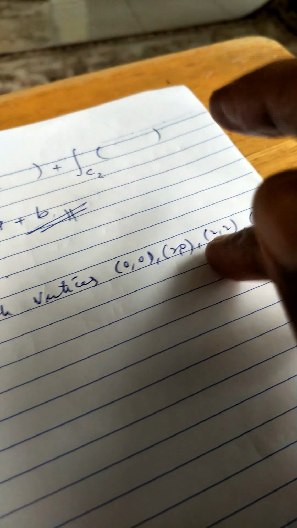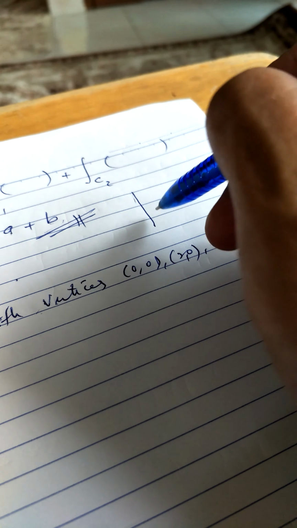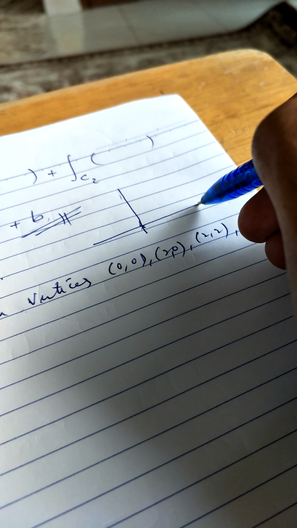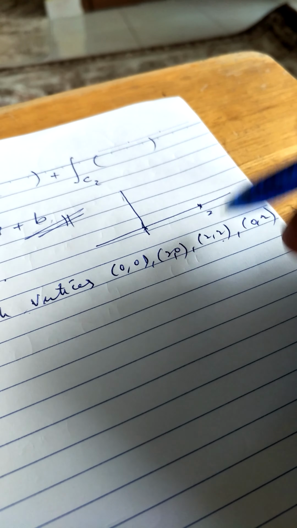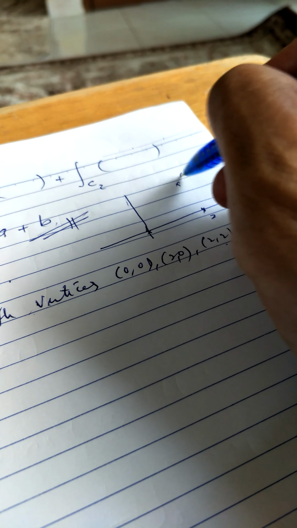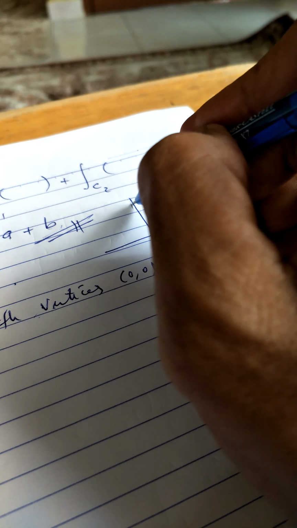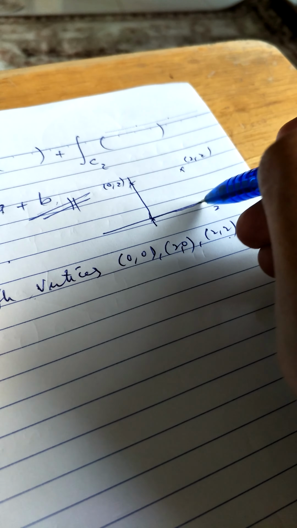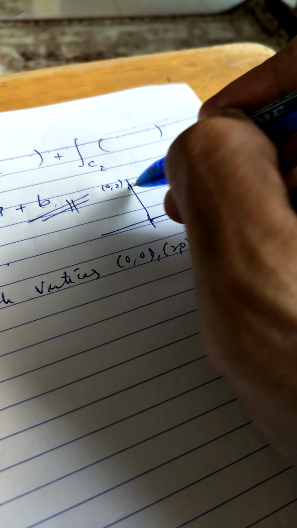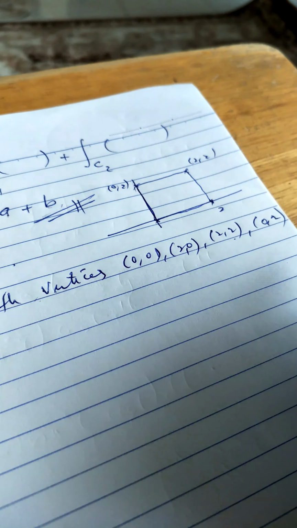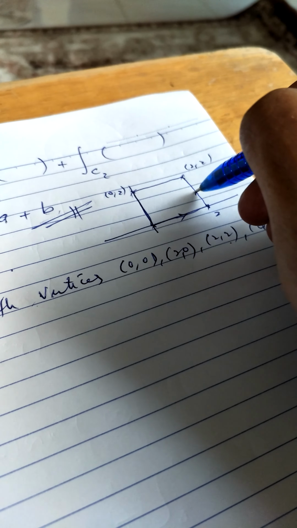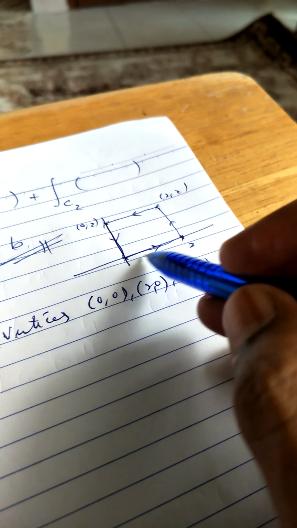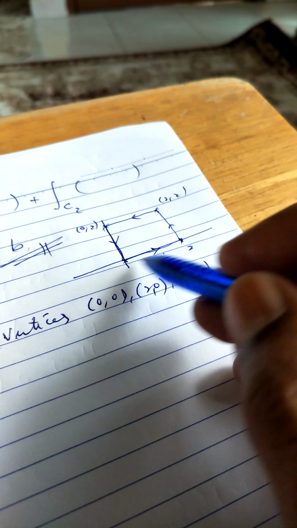If you sketch that a little bit, we have 0,0, 2,0, here is 2,2, and 0,2. So we have that rectangle. It is a piecewise smooth curve.